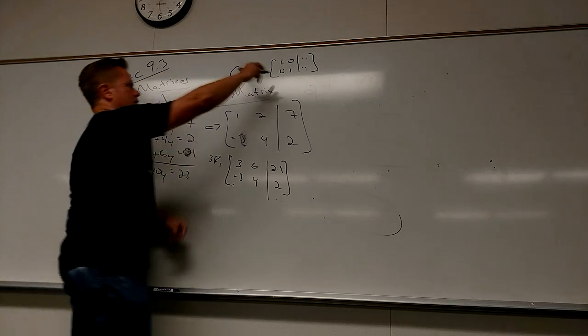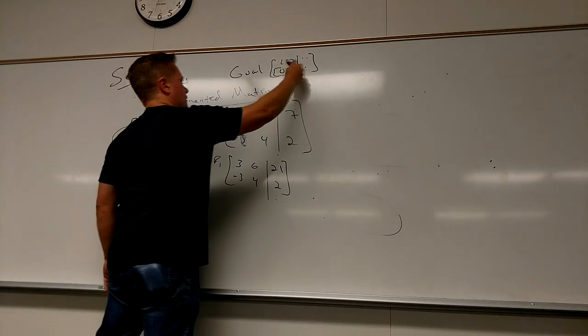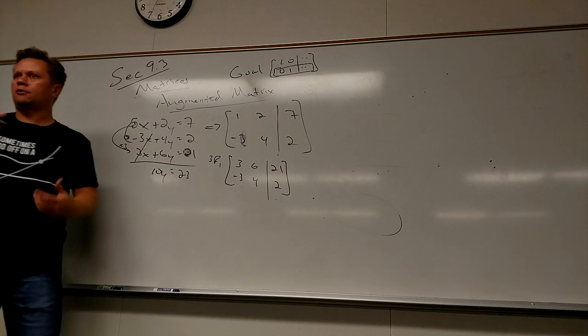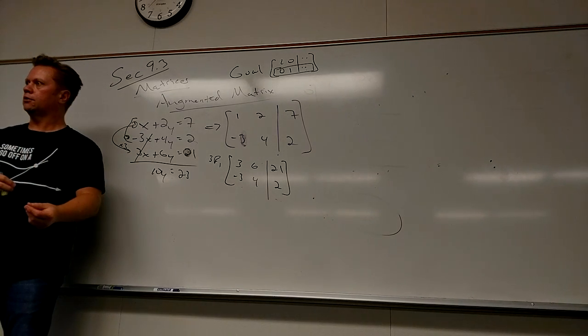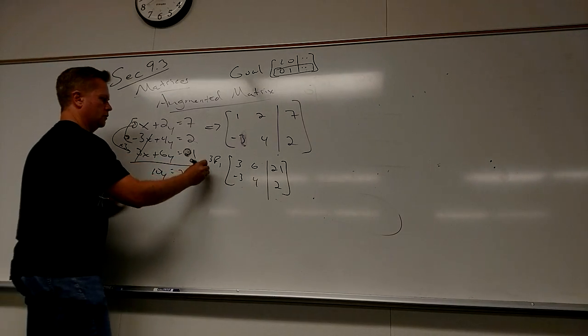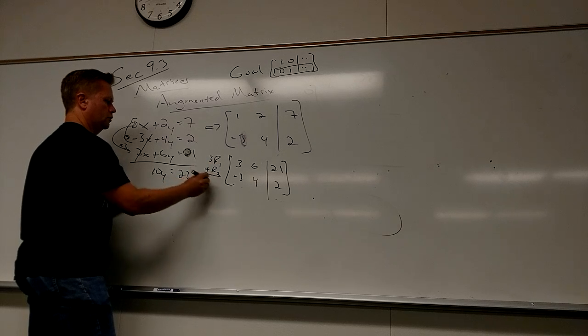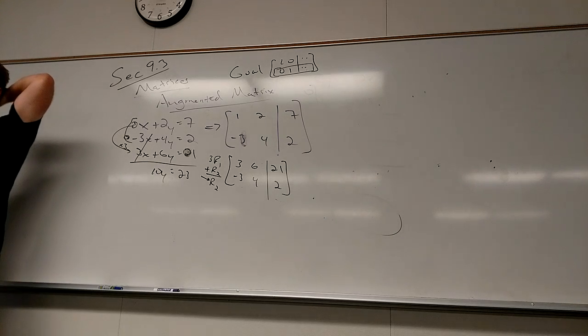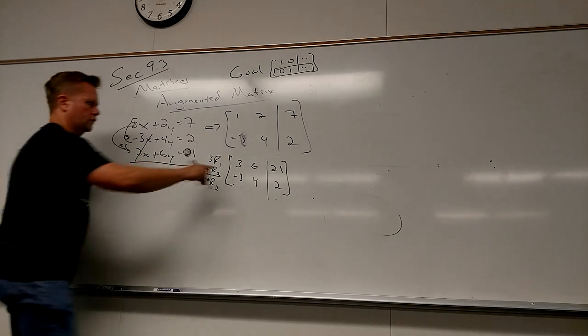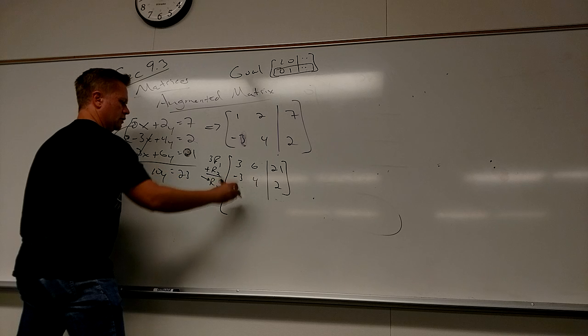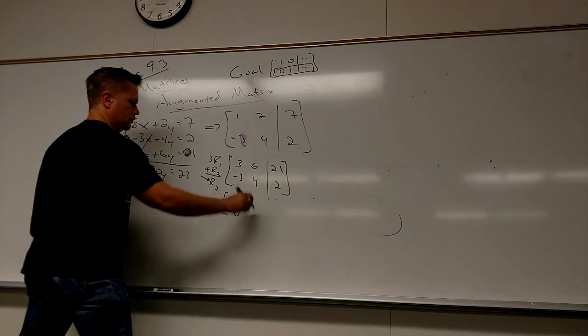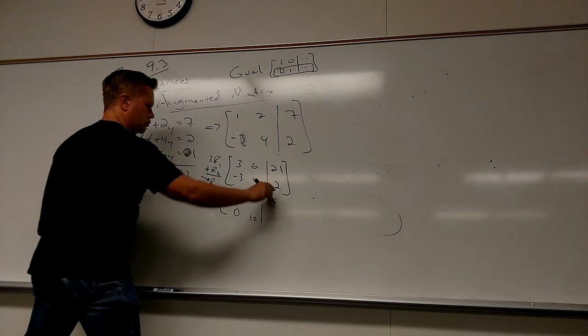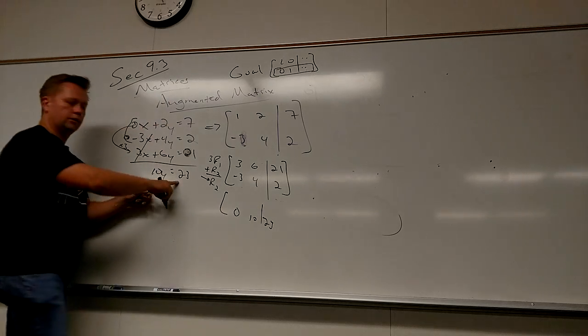And where do I want a 0 in the first spot? In the second row. So when I do 3 row 1 plus row 2, I put the answer in row 2. I've already done 3 row 1. If I add those together, this becomes 0, 10, 23, which is exactly what we had here.